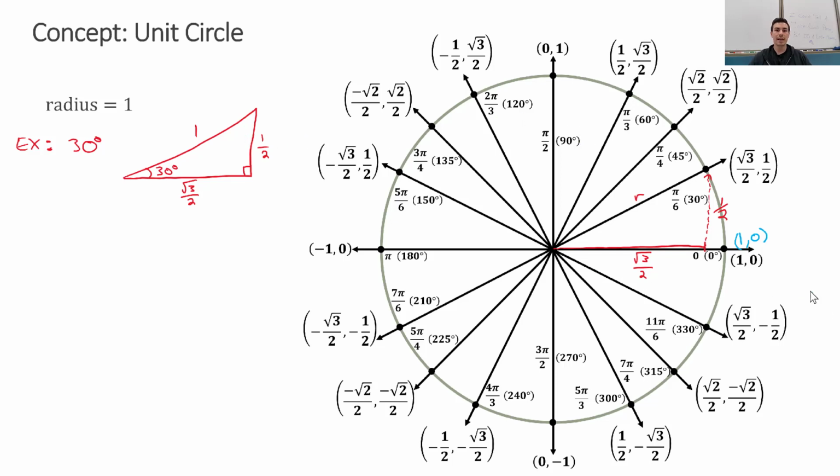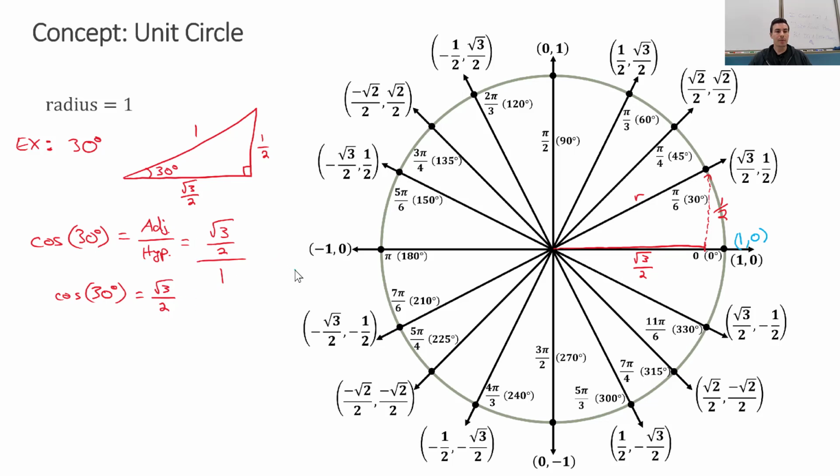Okay, so if I take the cosine then of 30 degrees, cosine is adjacent over hypotenuse, remembering our SOHCAHTOA. Our adjacent is √3/2, and my hypotenuse is now 1. So that gives me a cosine of 30 degrees equaling √3/2.